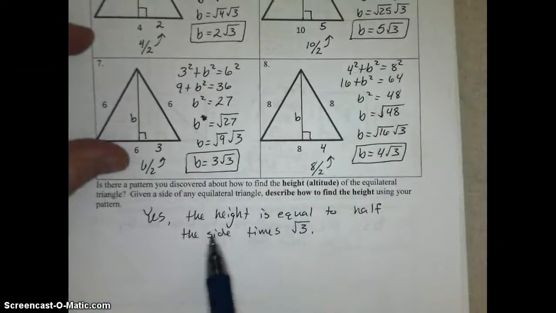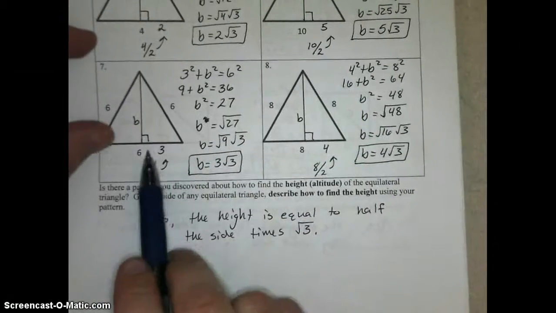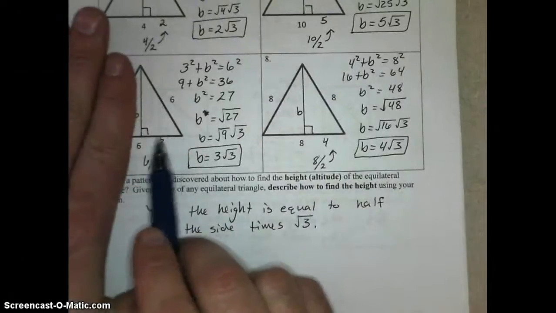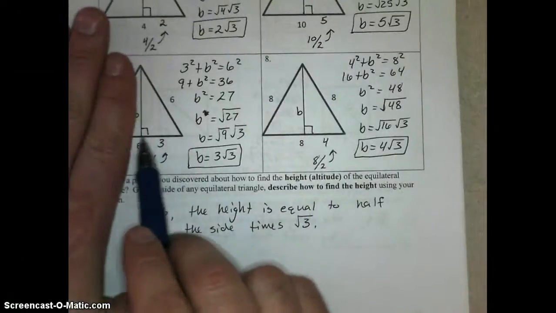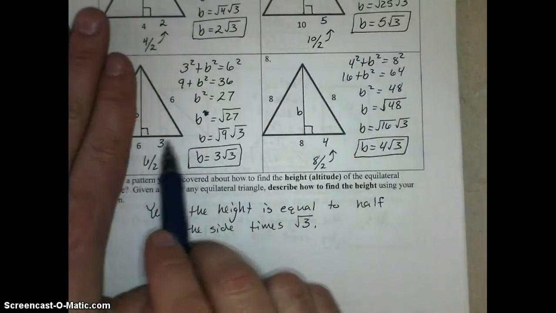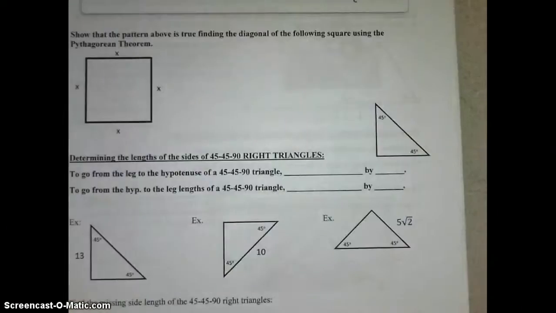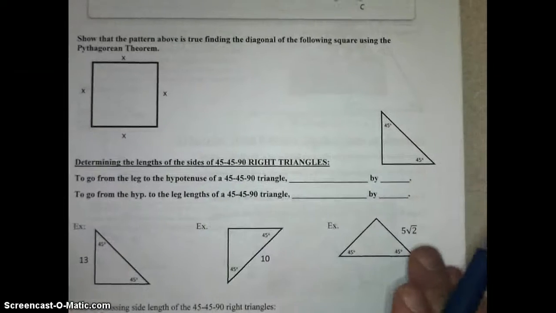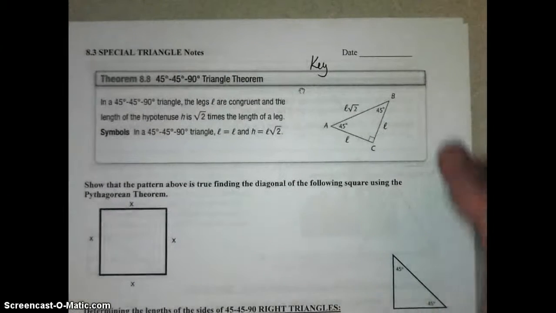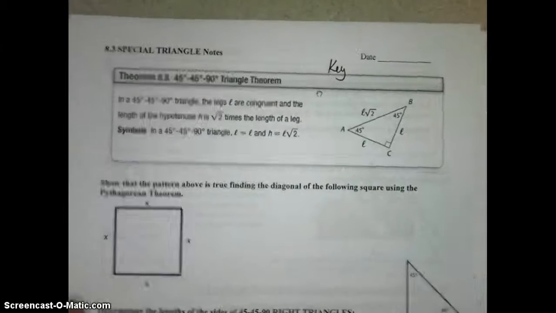So we take the shorter leg of these two right triangles, which is half of the full side of the equilateral triangle, and multiply by root 3. That is all set up so that we can understand these theorems about 45-45-90 triangles and 30-60-90 triangles.